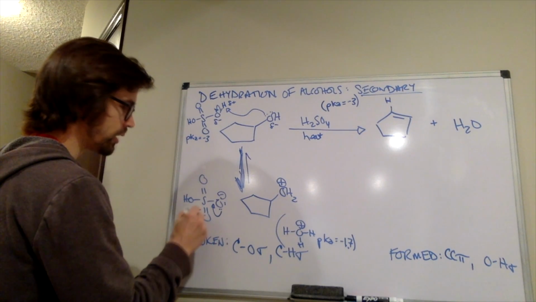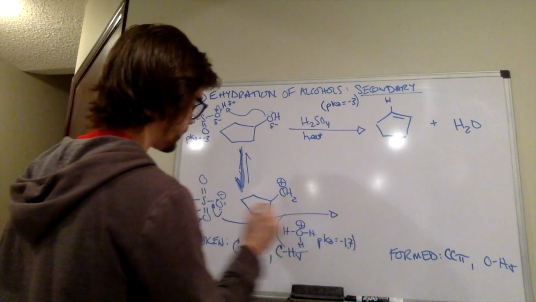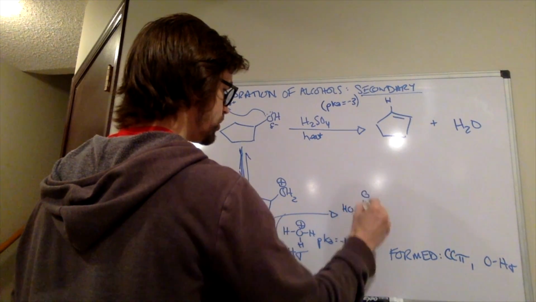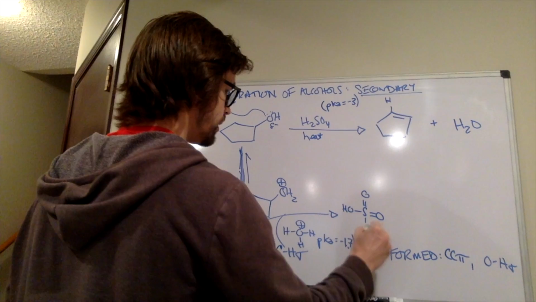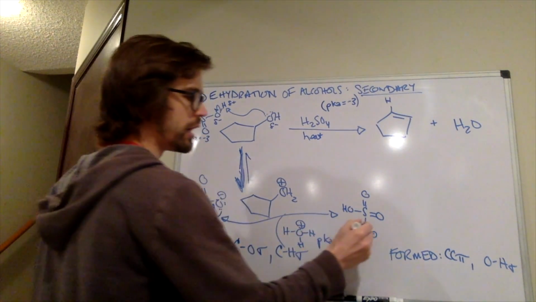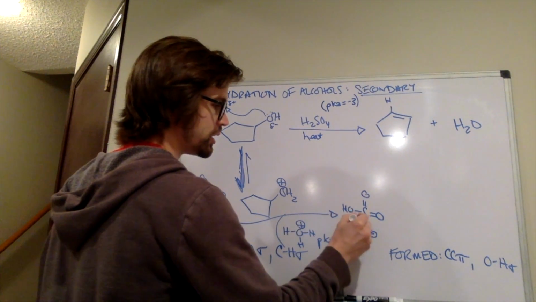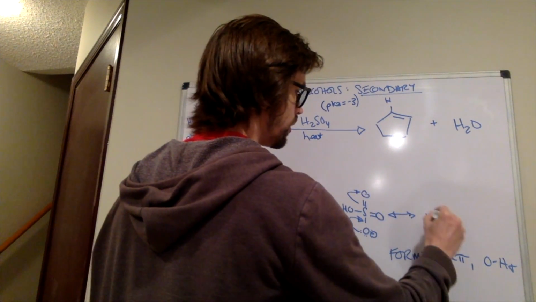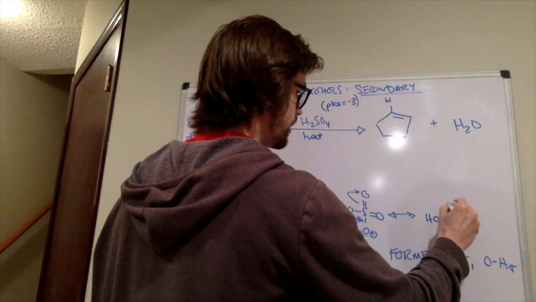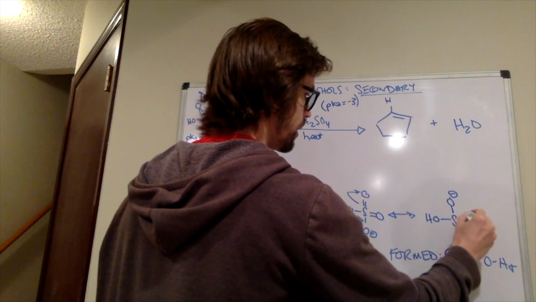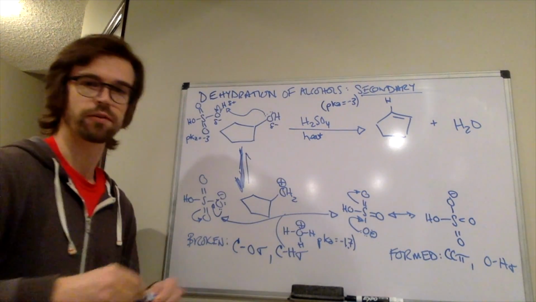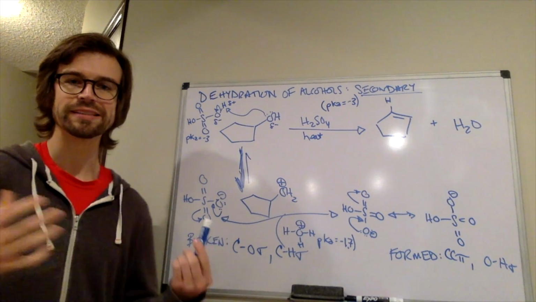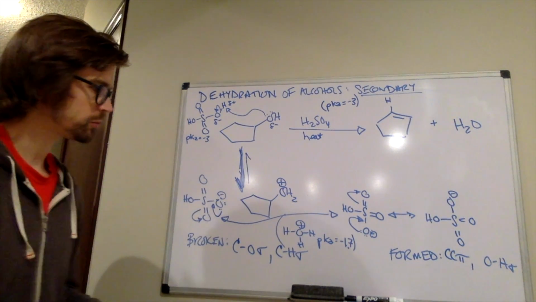We can draw resonance structures, I'll do that over here, showing that essentially the negative charge, once we get deprotonation, is shared among 3 oxygen atoms, right? So not only do we have negative on an oxygen, but it's distributed over 3 different oxygens, and that delocalization of charge makes that a really stable anion.